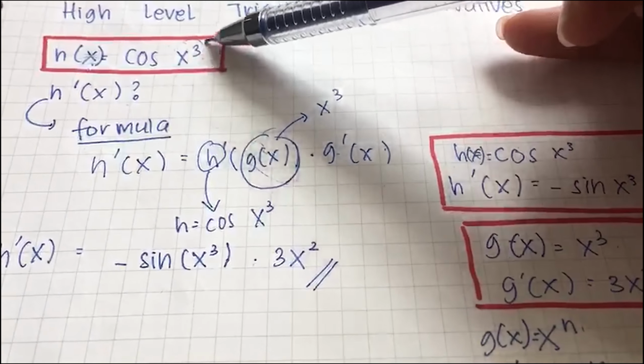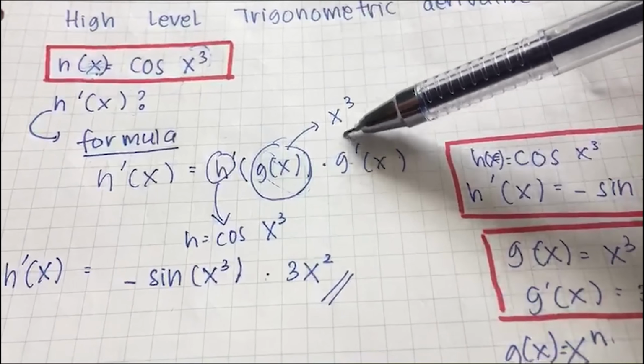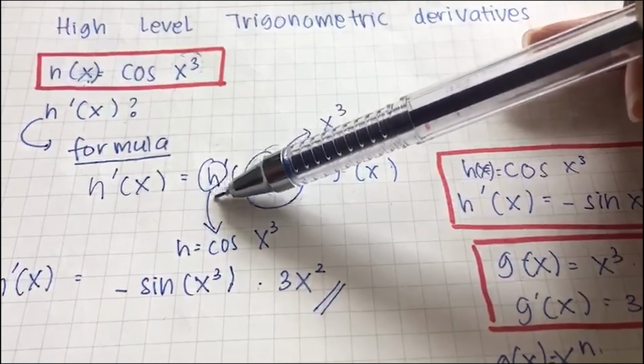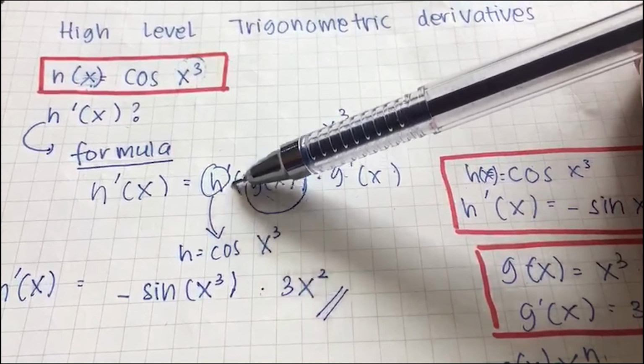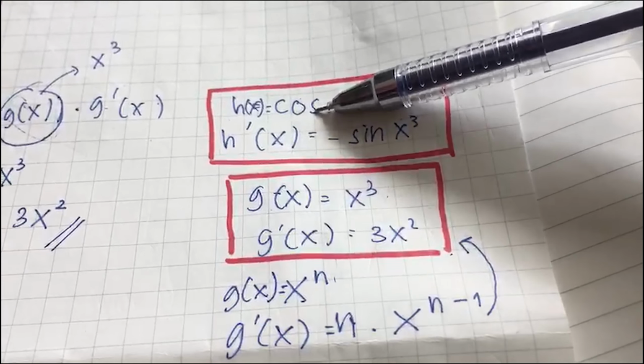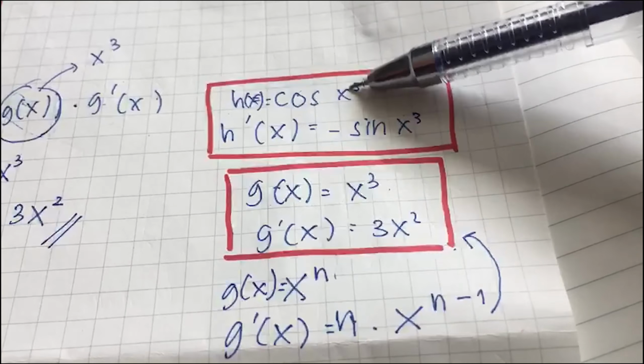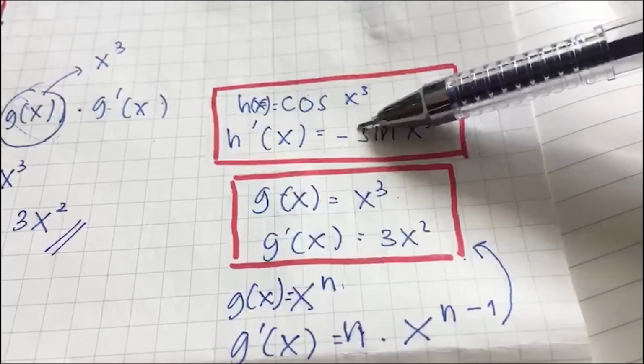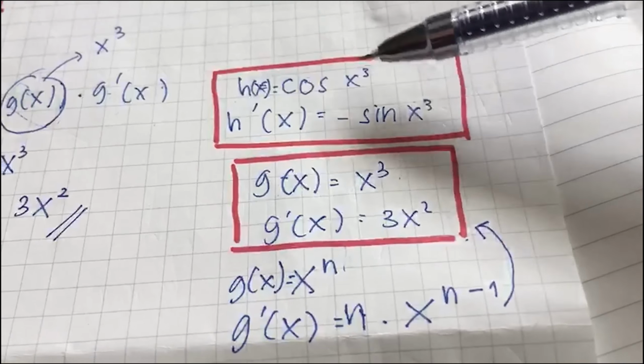So we can calculate, as we know the x cubed is g(x). So first we have to derive the h(x). So the h(x), as we know, is cos x cubed. So the derivative is minus sin x cubed.